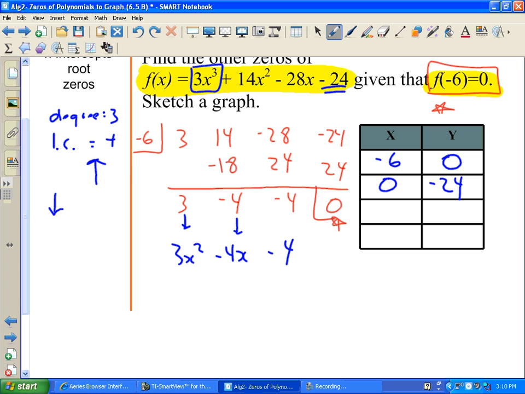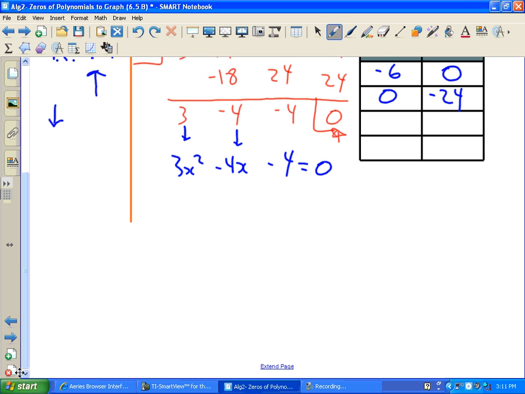If it asked me to factor, and this problem didn't ask that, but if it asked me to factor it, then those are my factors so far. But this problem's asking me to graph it, which means I don't care what the factors are. We're going to use them. But I'm more concerned with where your roots are, when that equation equals 0. We now have a quadratic equation that we need to solve.